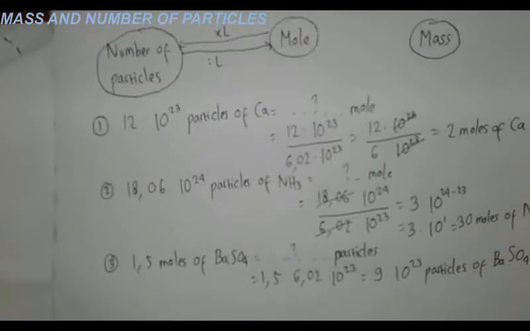So that's all about converting numbers of particles to mole and moles to numbers of particles. This is a really easy example of the application of the concept of mole.